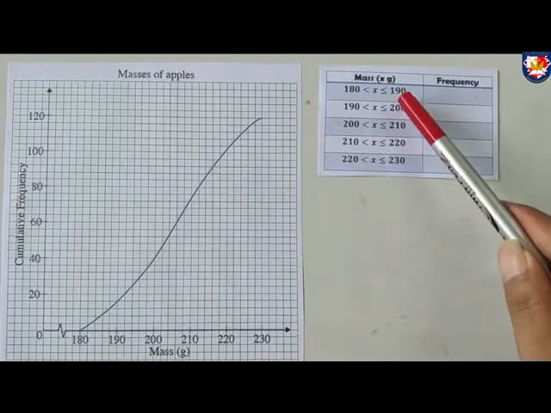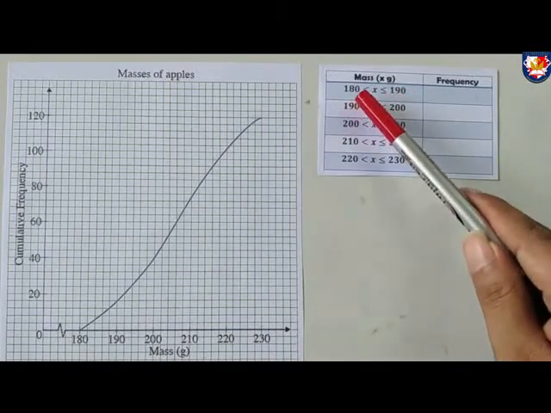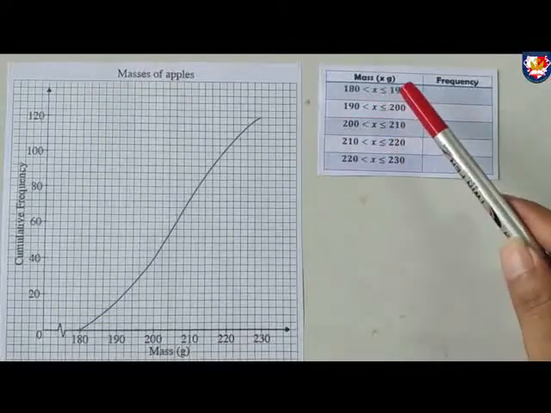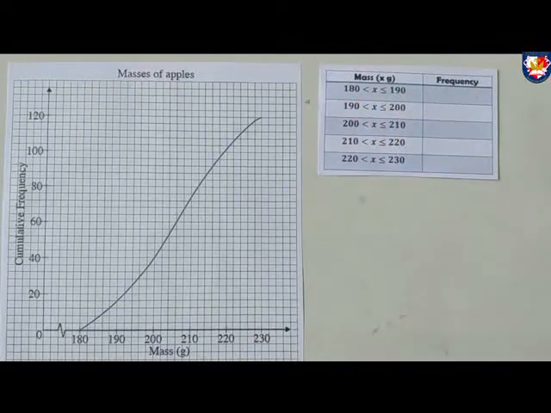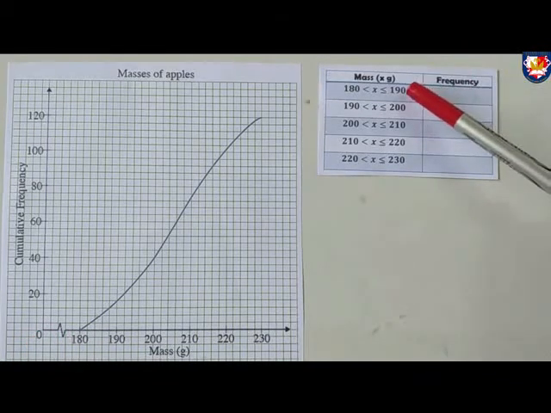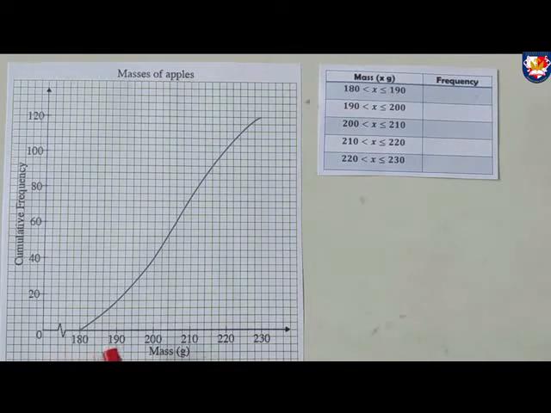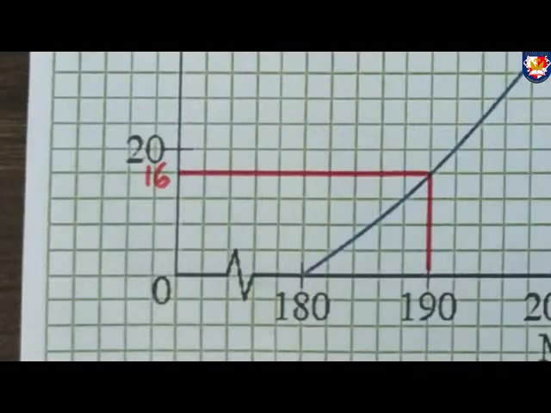First, from 180 to 190. Let's find out 180. At 180 it is obviously equal to 0. How about for 190? At 190 we take a perpendicular line here and we make it to here. So we got 16.